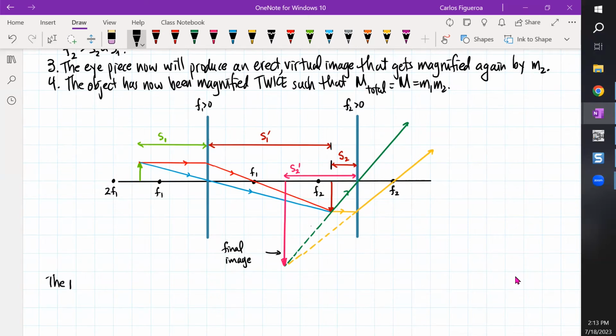The image characteristics are inverted, larger. Remember, inverted in a single lens always means real, but in this case, this is a virtual image.